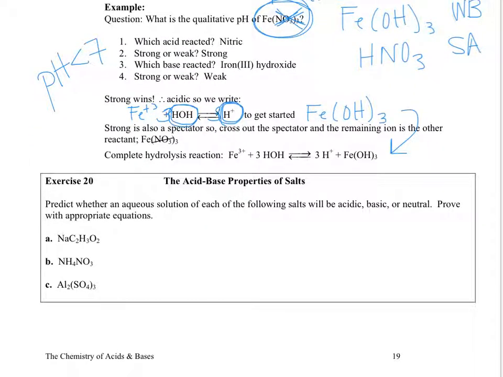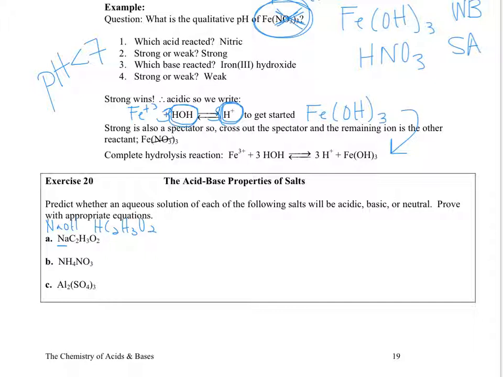All right, so on these down here, we're going to do the same thing. We're going to predict whether the solution would be acidic, basic, or neutral, and then we're going to write an equation to prove that. So in A, we have Na, which would come from NaOH, and C2H3O2, which comes from HC2H3O2.